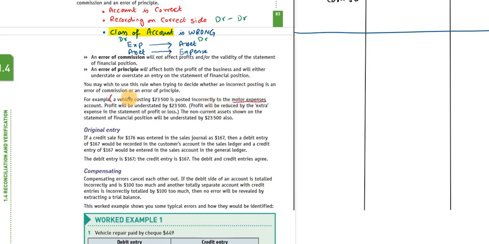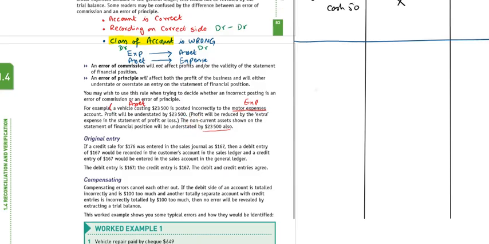As we know, a vehicle is a non-current asset, but we wrongly recorded the asset as a motor expense. So this is the error of principle. The correct was asset, but we wrongly recorded it as an expense. Profit will be understated by 23,500. Non-current assets will be understated by 23,500. There will be the correction.